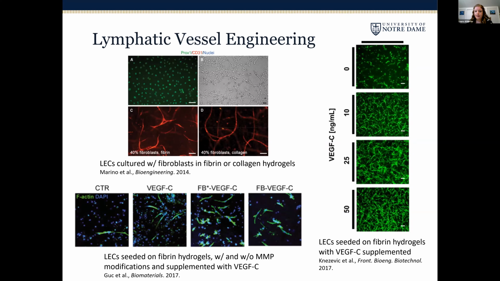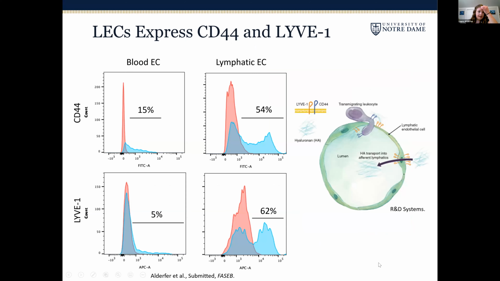And then we also see a lot of groups will use VEGF-C, which from developmental biology, we know is the driving force for lymphatic sprouting. So we see increased lymphatic formation in the presence of increased VEGF-C. And then additionally, we know that LECs express LYVE1, which is also a homolog of CD44, and that'll be important for HA, which we're using in our system.